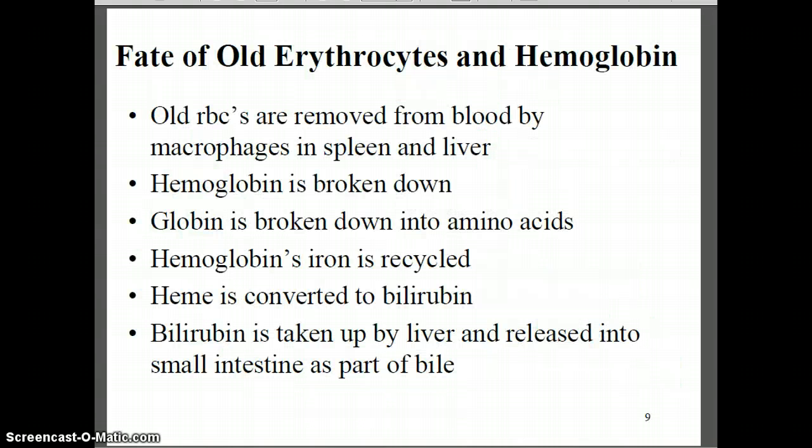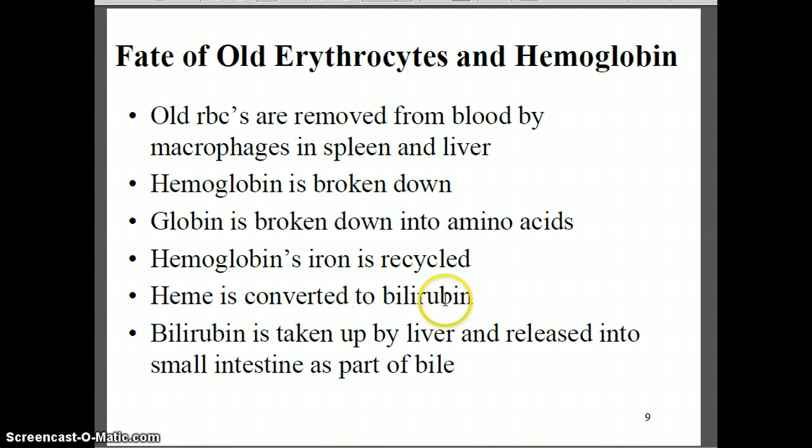Fate of old erythrocytes: they are recycled. They're removed from the blood by macrophages in the spleen and the liver. The hemoglobin is broken down. The globin, which is a protein, is broken down into its component amino acids, which are then reutilized in other protein synthesis. The hemoglobin's iron is recycled.